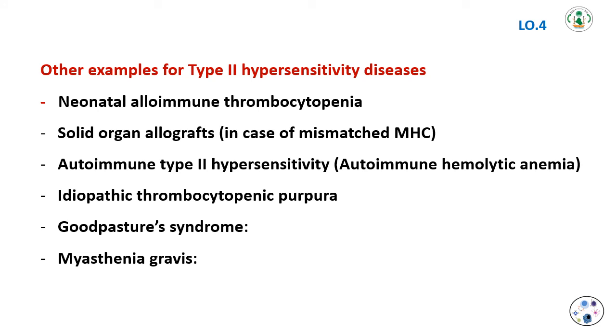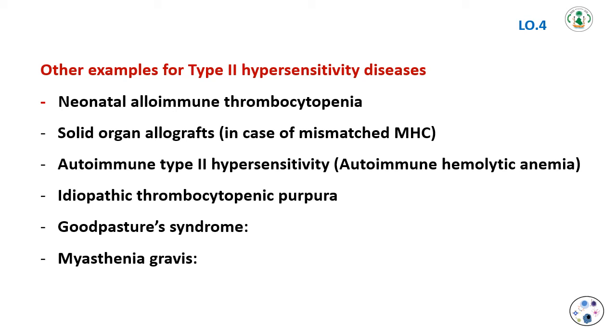Examples of type 2 hypersensitivity diseases: neonatal autoimmune thrombocytopenia and solid organ allograft. What do we mean by allograft?